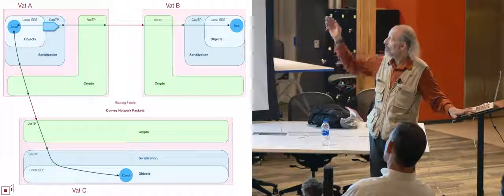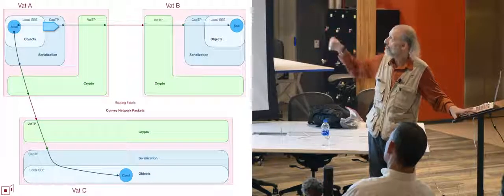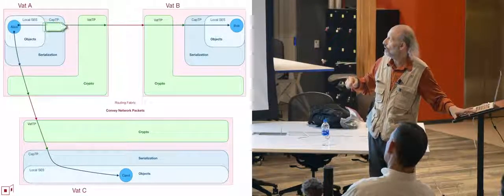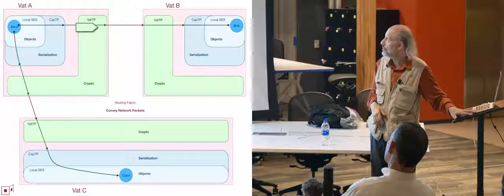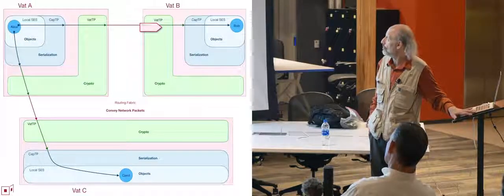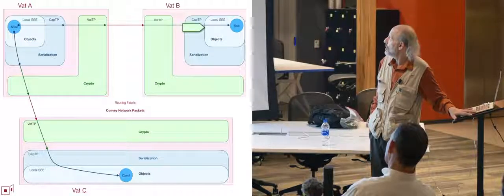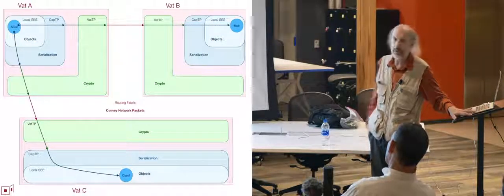And the overall flow is that when Alice sends an object message, it lands in CapTP that has to serialize it, delivers it as a serialized blob to VatTP, that encrypts it, sends it over the network to the other side's VatTP, that decrypts it into a binary blob that needs to be unserialized into an object message and delivered to Bob.